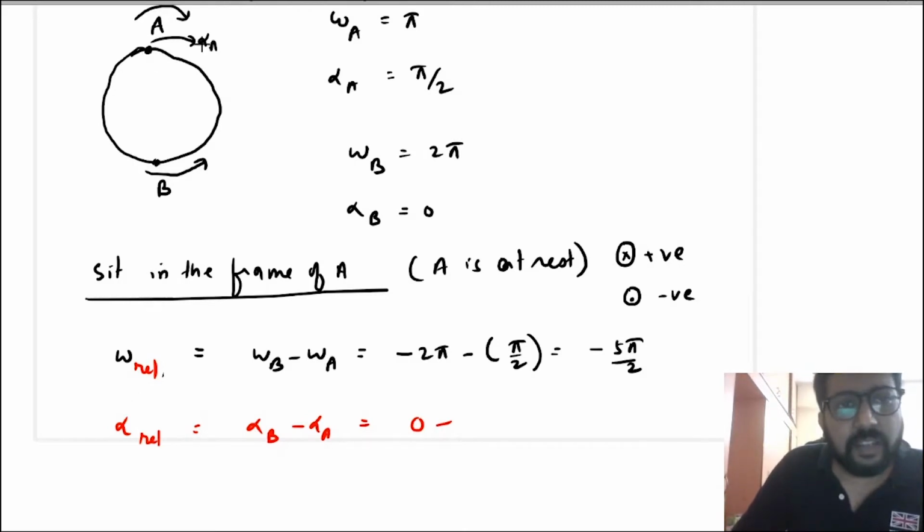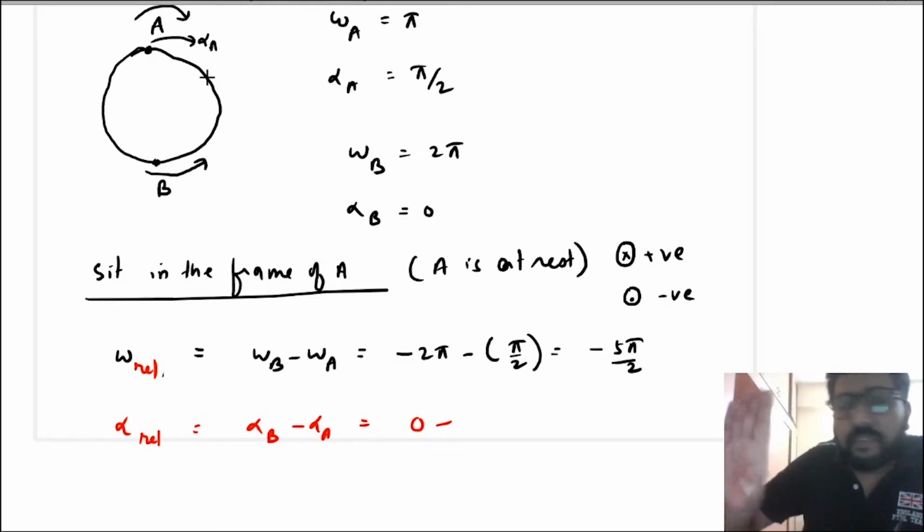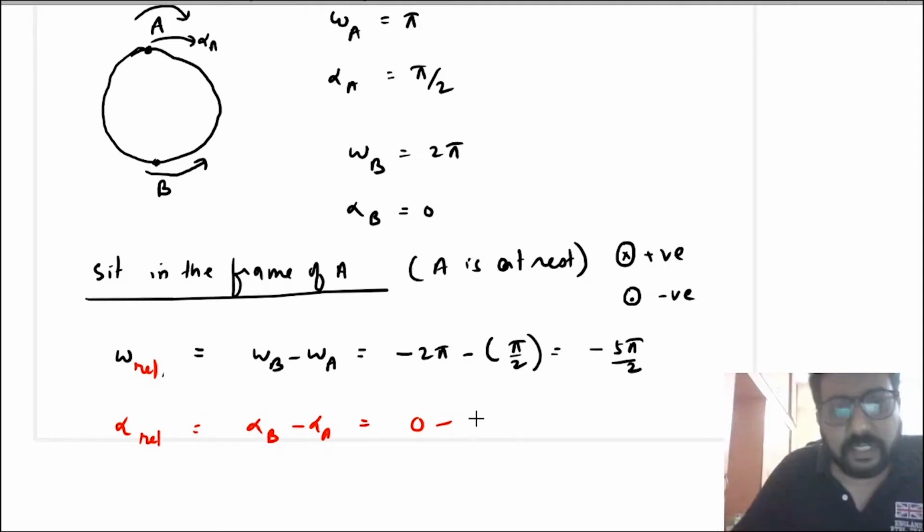The direction of alpha is found out using the same concept as the direction of angular velocity. That means curl your fingers along the direction of acceleration, then the direction of the thumb will give you the direction of acceleration. So alpha is clockwise, that is downwards, that is positive. So that is minus pi by 2.